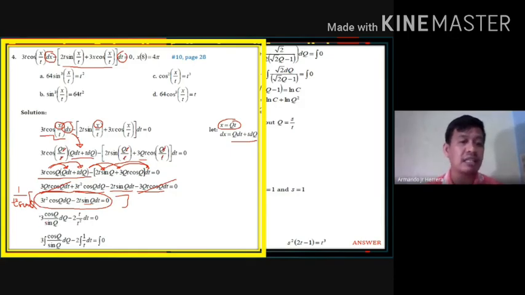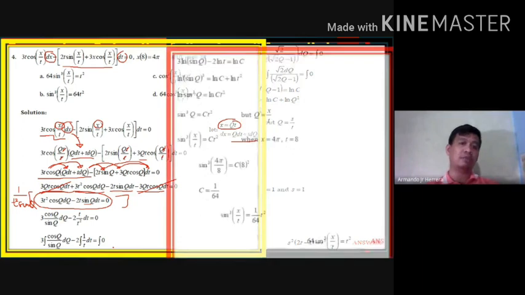So matitira 3 cosine q over sine q dq minus yung t, i-divide niya yung t squared. Ito siya. Si sine q divided by sine q is 1, dt is equal to 0. Simplifying further, that gives you 3 integral of cosine q over sine q dq minus 2 integral of dt over t equals integral of 0.